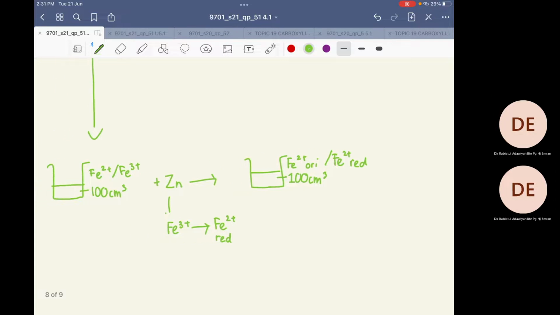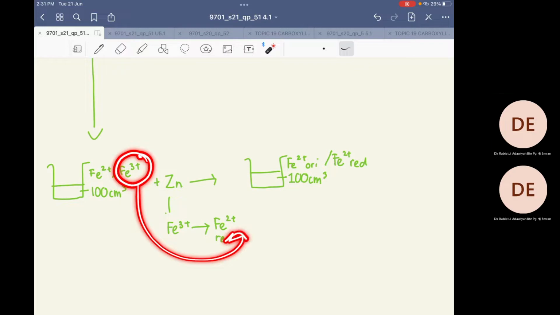Okay, I repeat. When I take 100 cm³ of the Fe2+ Fe3+ solution, I add zinc. And it mentions that allow time for reduction of Fe3+ to take place. So that means this zinc will reduce all my Fe3+ here into the new Fe2+, which is what I call Fe2+ reduced.